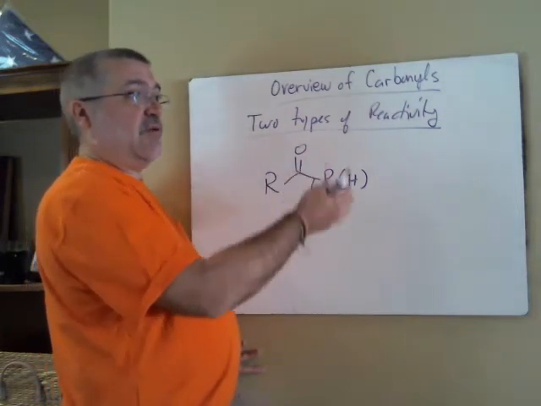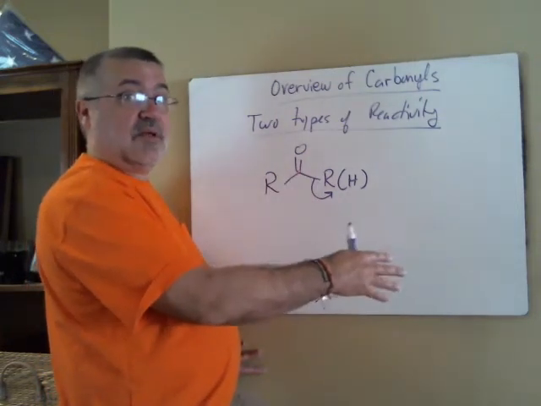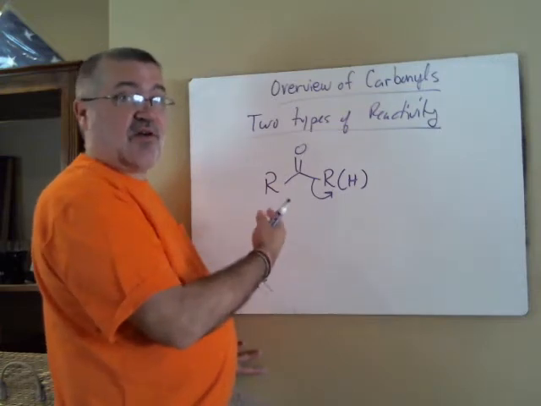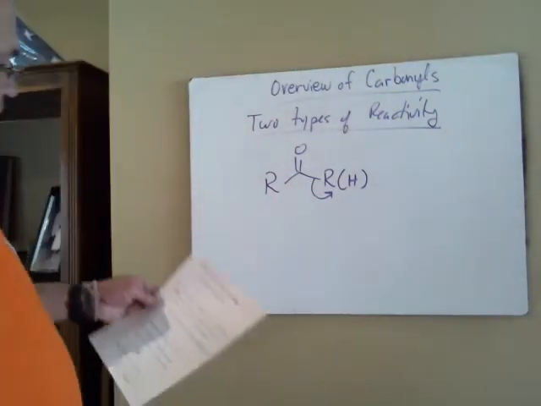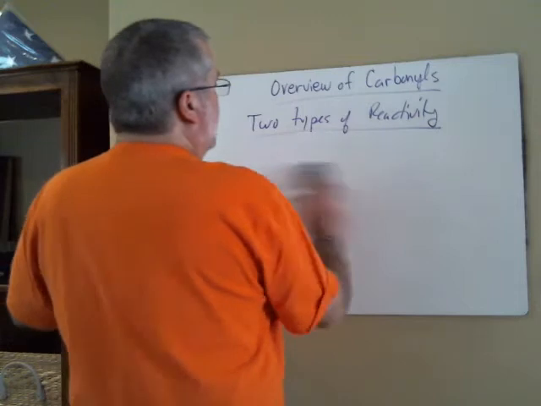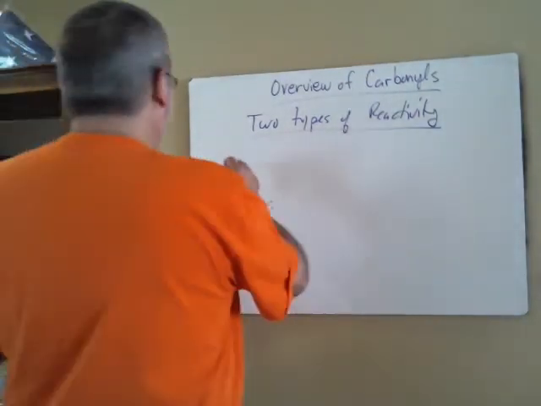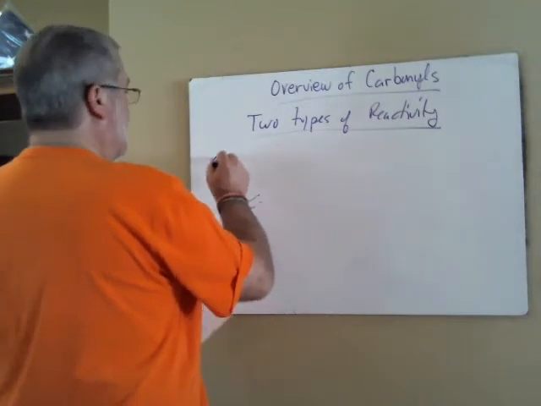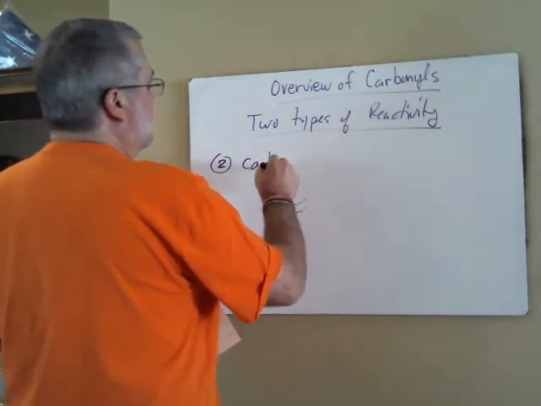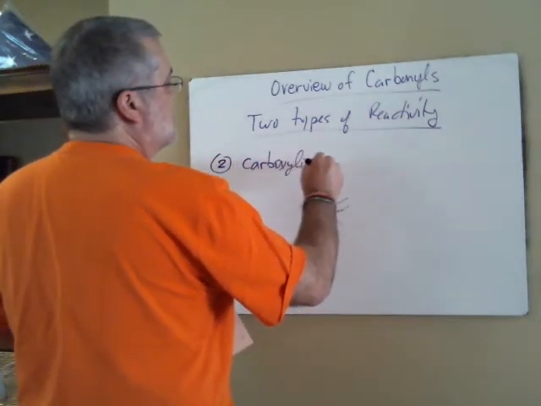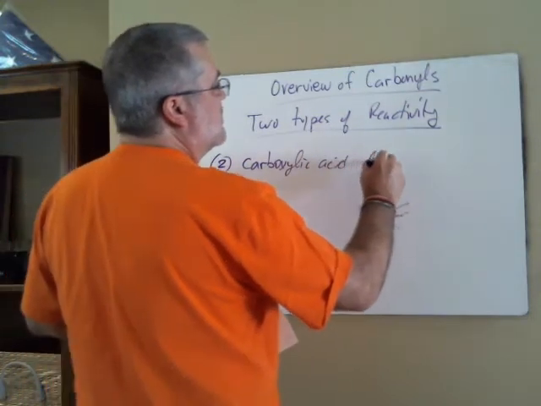Substitution reactions require a leaving group. Addition reactions occur otherwise. So that's what defines the reactivity. Now, the other category besides aldehydes and ketones are simply what we call carboxylic acid derivatives.